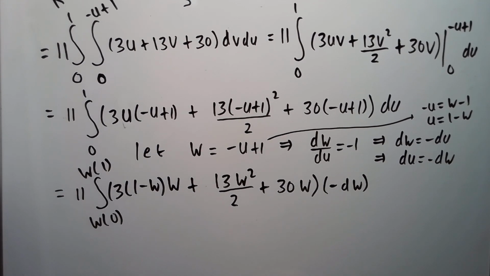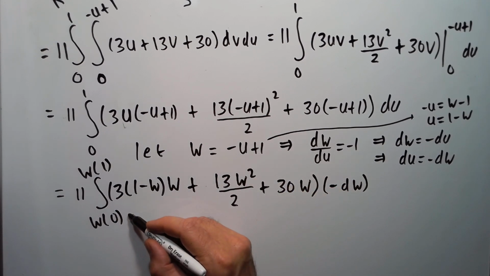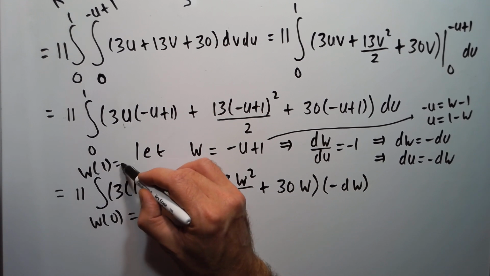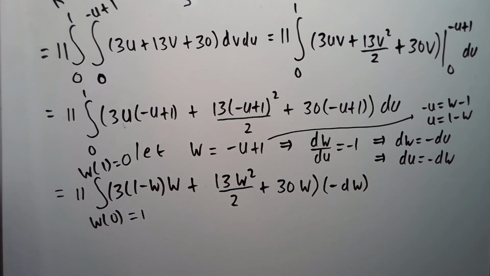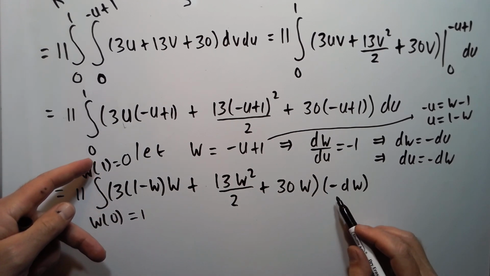Okay, so let's see, w of 0, w is here, so w of 0 would be 1, and w of 1 would be 0. So we've got a minus sign here. I can switch these around and it'll become a minus, and you've got a minus, it'll be a plus then.